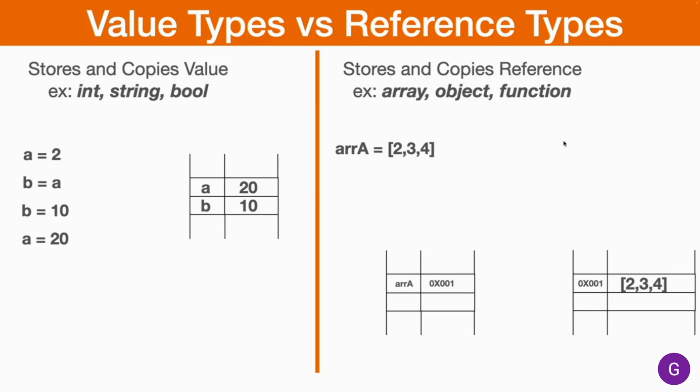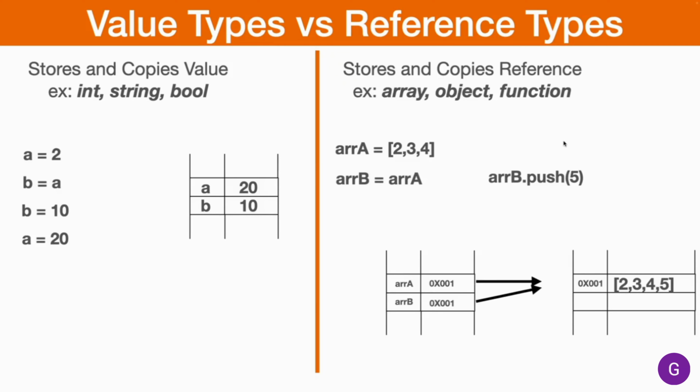What is the meaning of copies the reference? If you are assigning the original array a to another array b, it's just going to copy the reference of array a and assign that to array b. So if you are changing anything, for example pushing some value to array b, it's going to update the referenced array value.